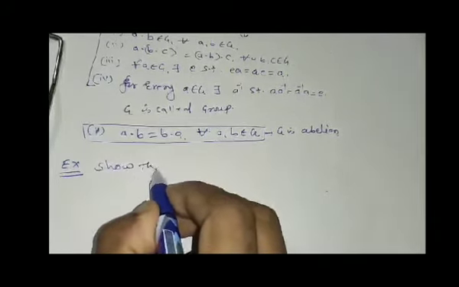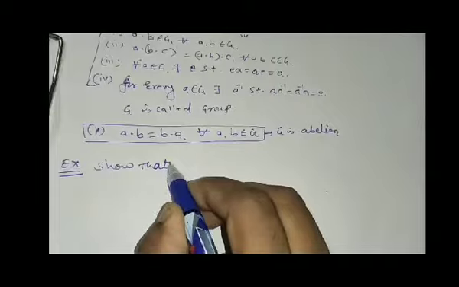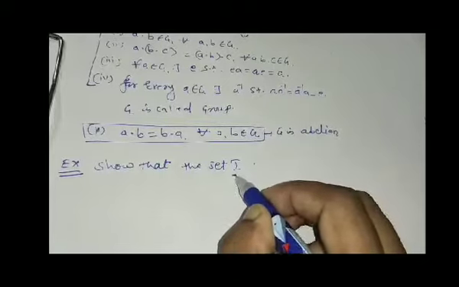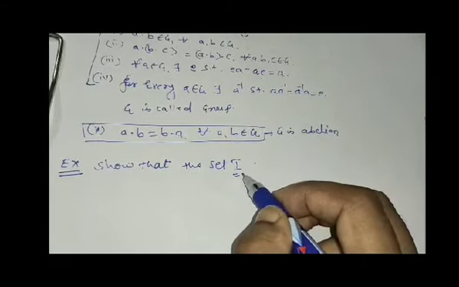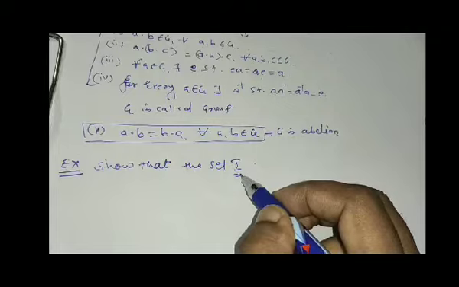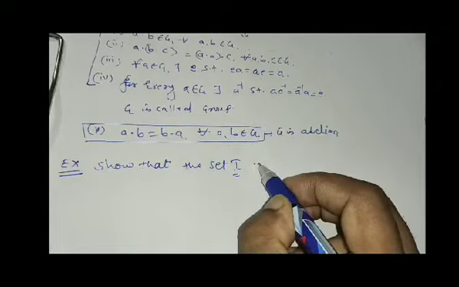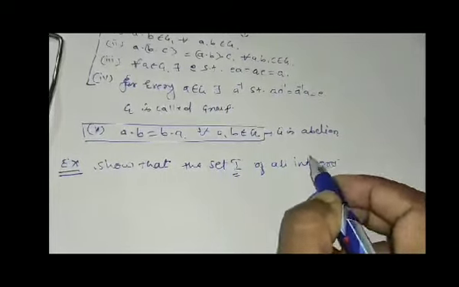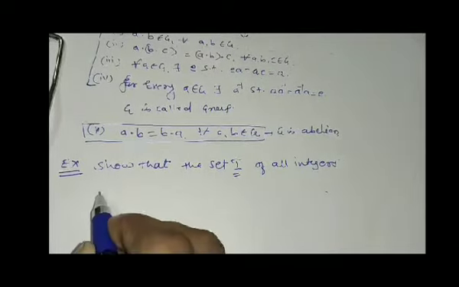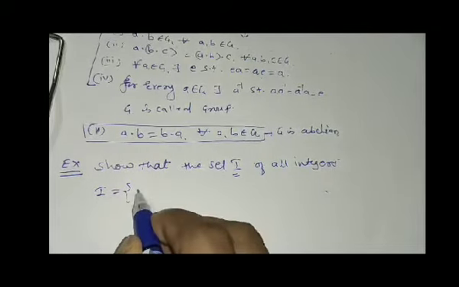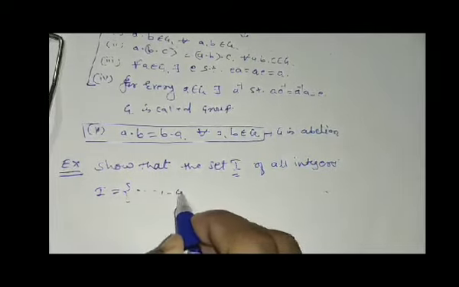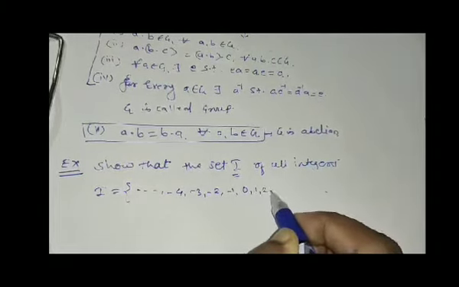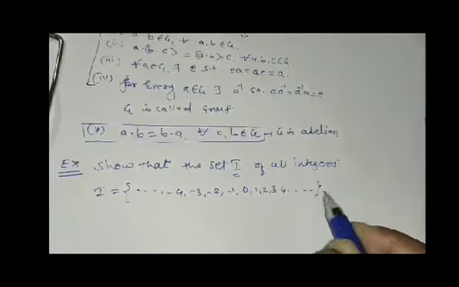Example: show that the set of integers I, the set of all integers, is a group with respect to the operation of addition. Which elements are there? In the set of integers there are -4, -3, -2, -1, 0, 1, 2, 3, 4 and so on.